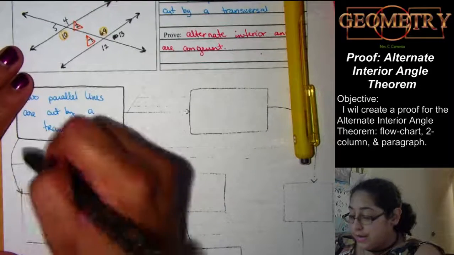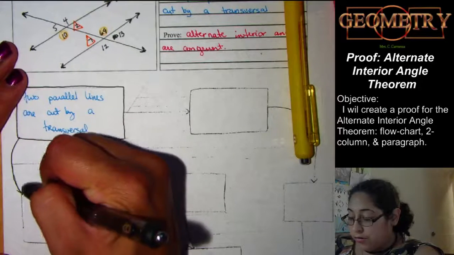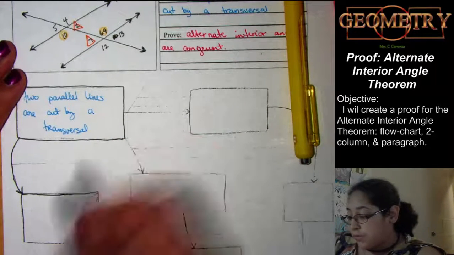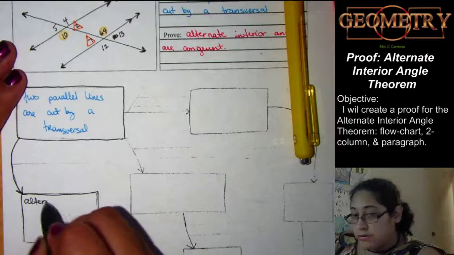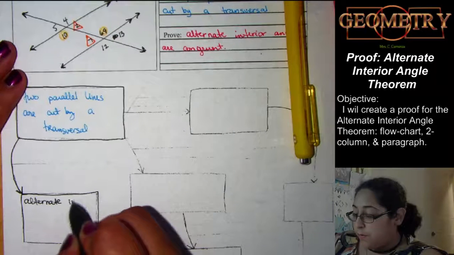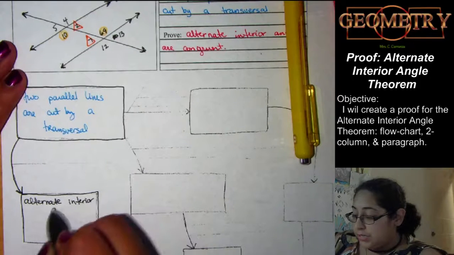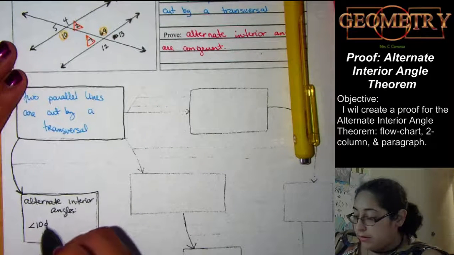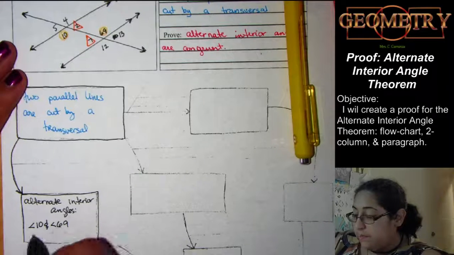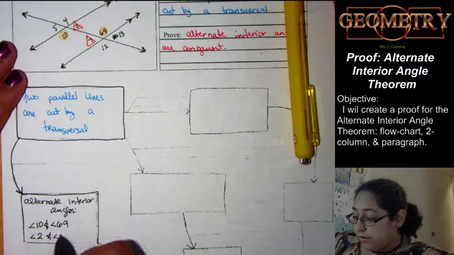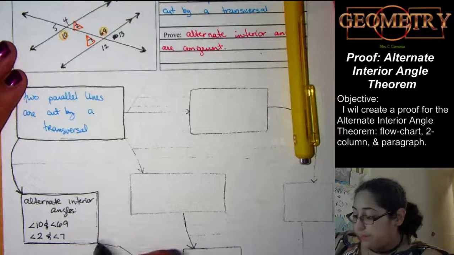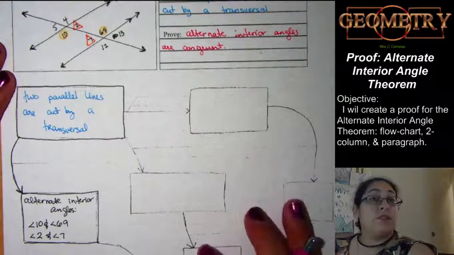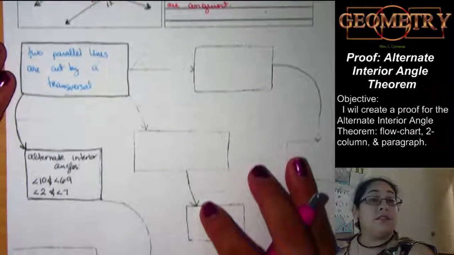So in this next box right down here, I'm going to list out the alternate interior angles. My alternate interior angles are angle 10 and angle 69, angle 2, and angle 7. I'm going to scoot this up a little higher so those in the back can see it.